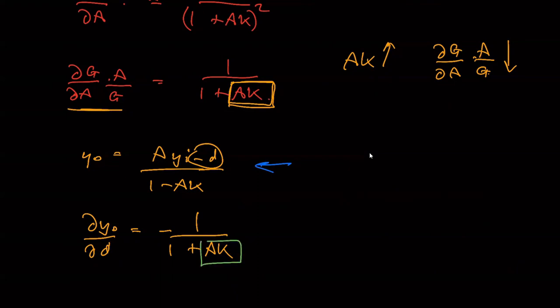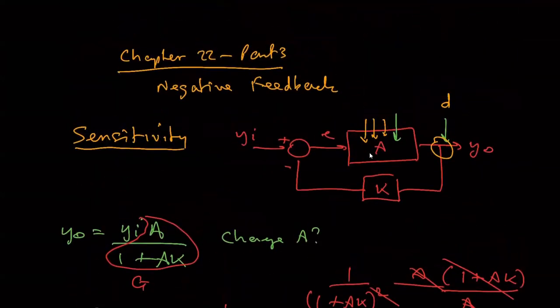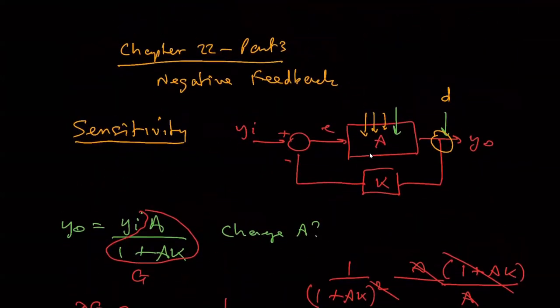So this system is also resistant to disturbances on the output. This is particularly relevant, for example, if this were a voltage coming out of the op amp and you hooked up another circuit that put a load on your op amp circuit. That would reduce y0, but the negative feedback will ensure that y0 gets restored at least to some degree.